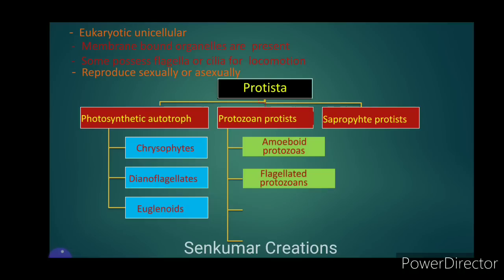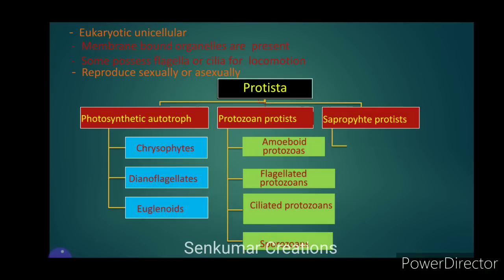Protozoan protists can be classified into four groups. The first one is amoeboid protozoans, the second is flagellated protozoans, the third is ciliated protozoans, and the last one is sporozoans. Saprophytic protist is only one type, slime molds, that we are going to see here. See this table flowchart very clearly.